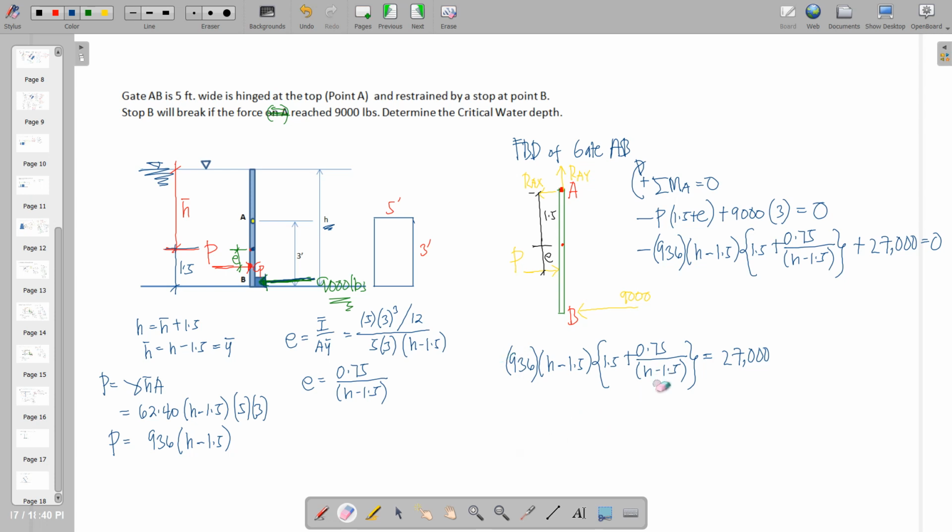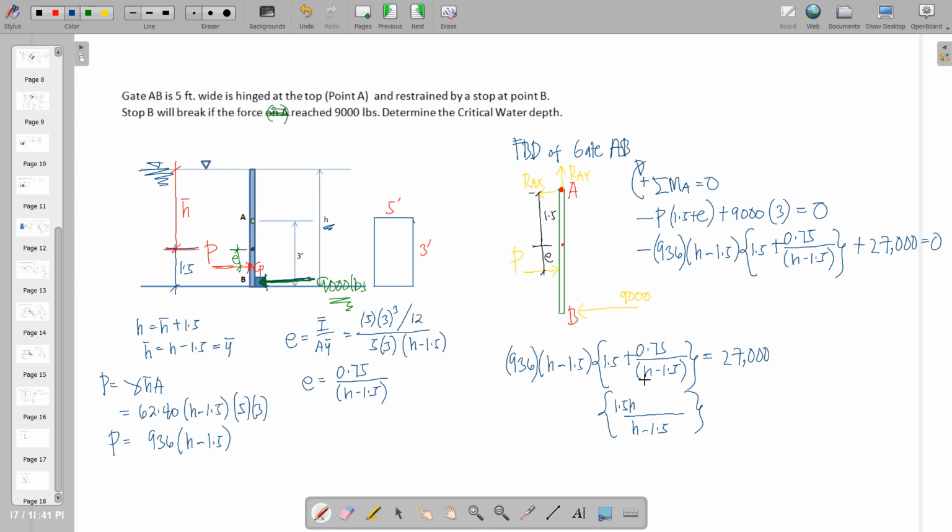And then from this term, we can simplify the inside term in the parentheses by getting its LCD. Then H minus 1.5 divided by 1, H minus 1.5 times 1.5. So we have 1.5H.